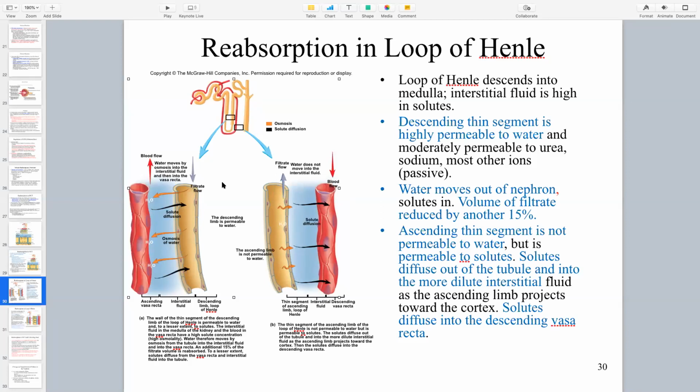So for right now, I want you to think, descending thin limb, water enters and gets reabsorbed, right? Let me rephrase that. Water exits. Water exits the descending limb, and only water exits.